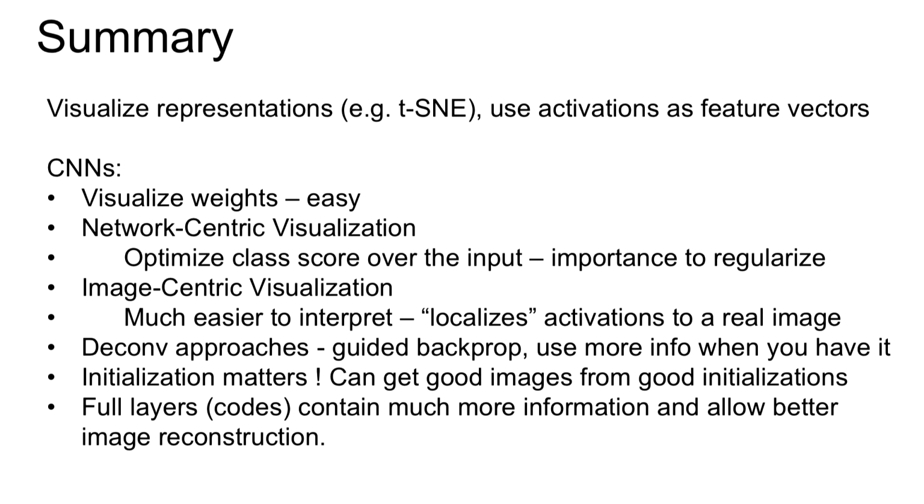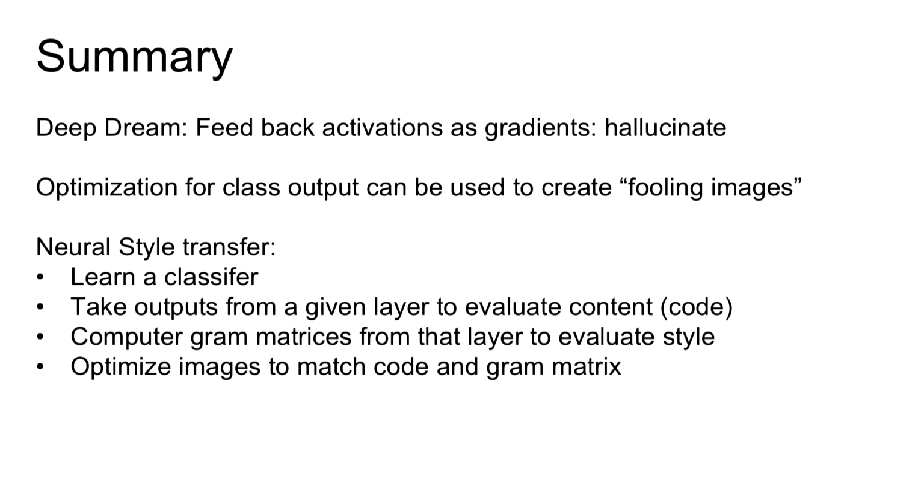The full layer activations or codes contain much more information and allow better reconstruction. And you can actually iterate the process of generating codes and feeding them back to create this hallucinatory animation, like Deep Dream. We didn't actually talk this time about fooling images. We're going to talk about those in a few lectures.